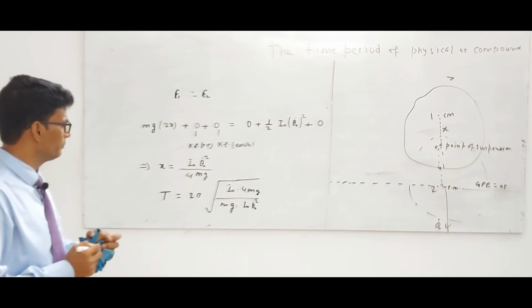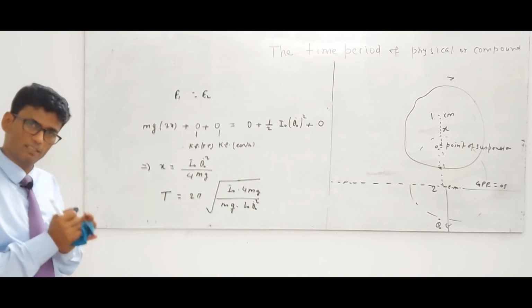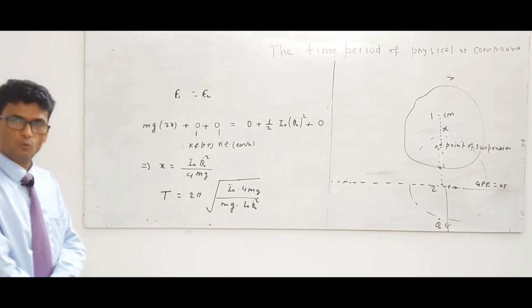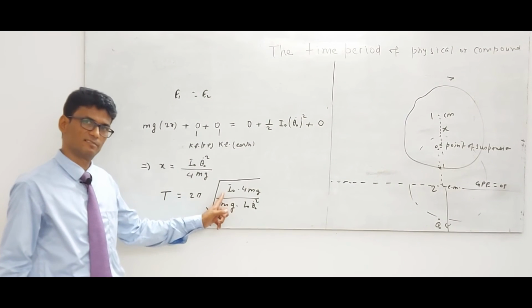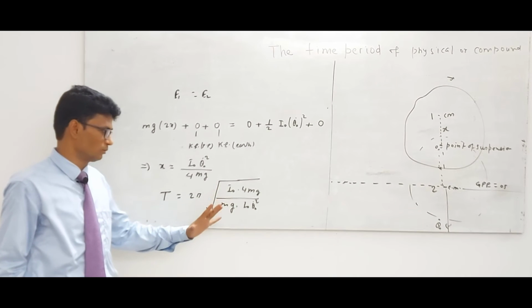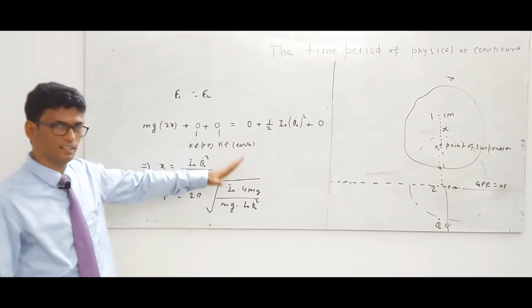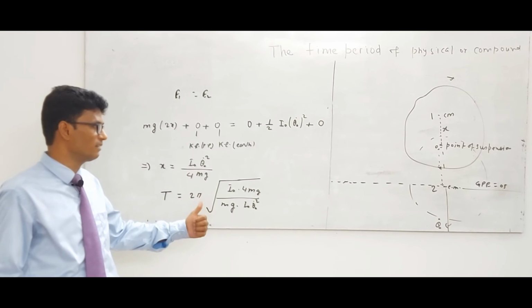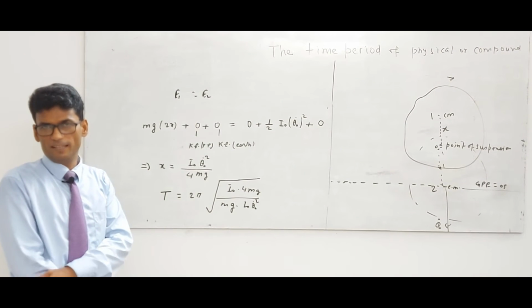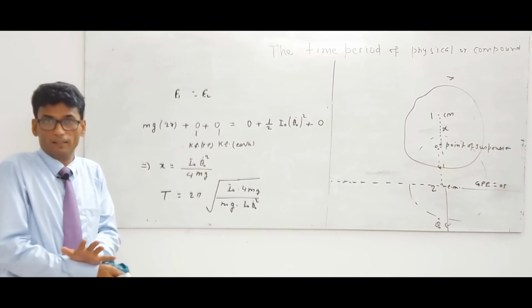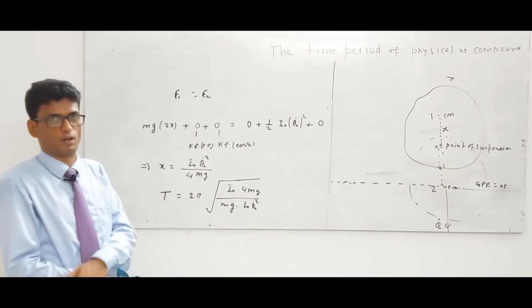So in the problem, I naught is not given. Why not given? Because I naught here cancelled out. So what we have been saying earlier, what we are writing here, it may cause problem, and meanwhile we feel some discrepancy in the problem.